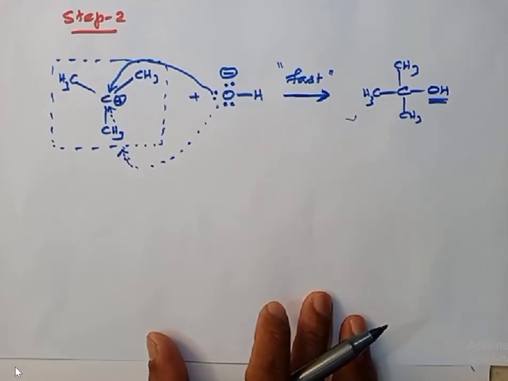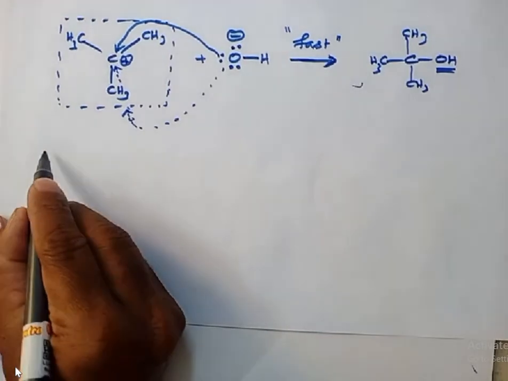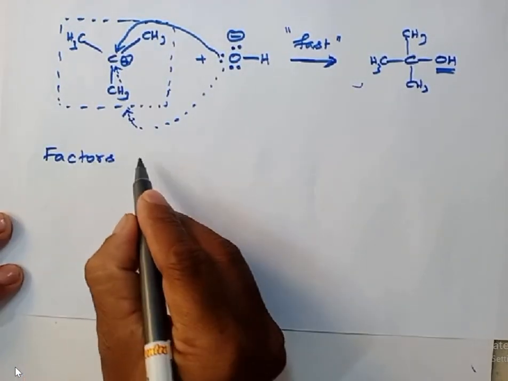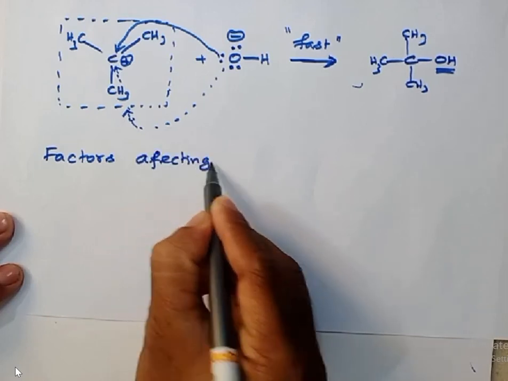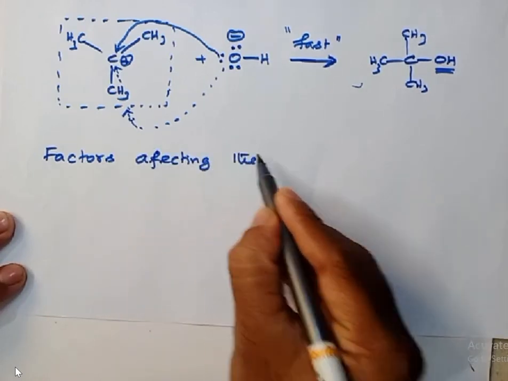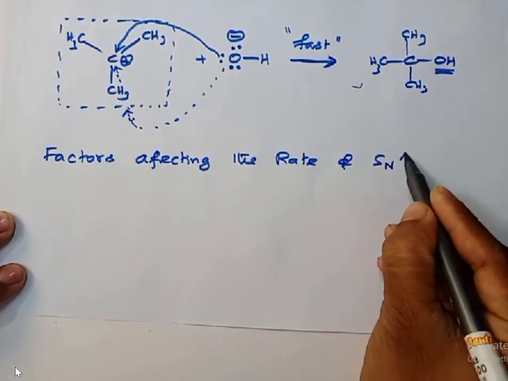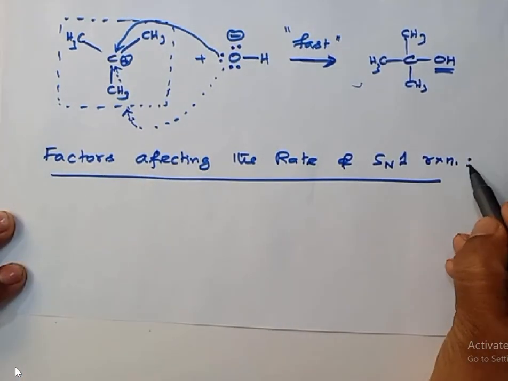Now what I'm going to do, what are the factors affecting the rate of Sn1 reaction? Factors influencing or affecting the rate of Sn1 reaction. Students, keep this in mind.